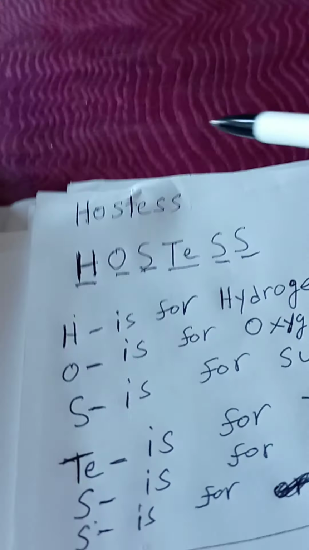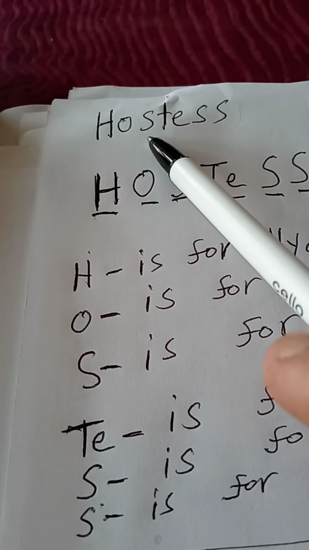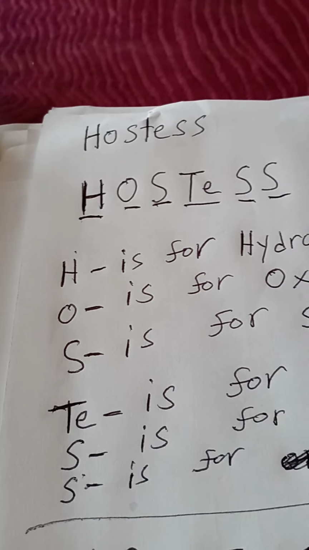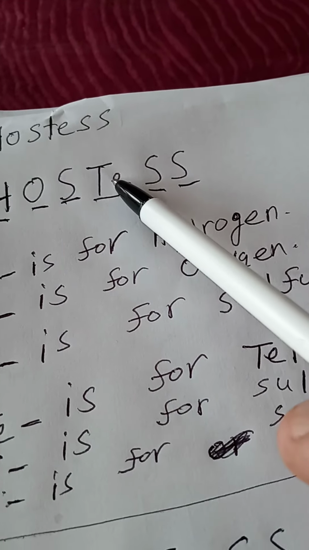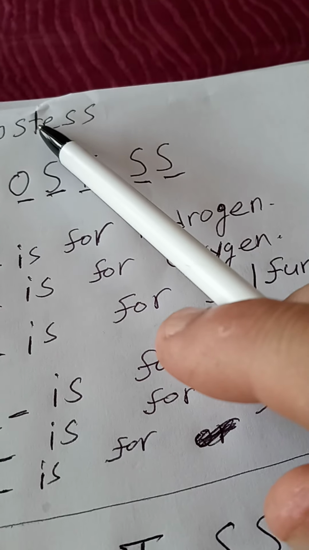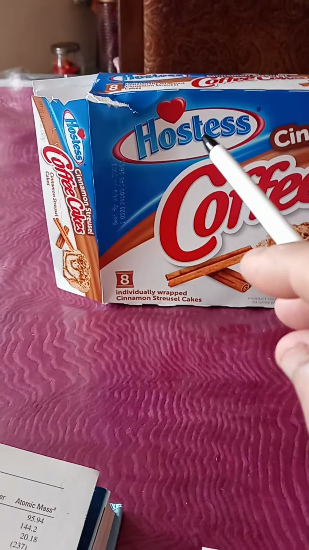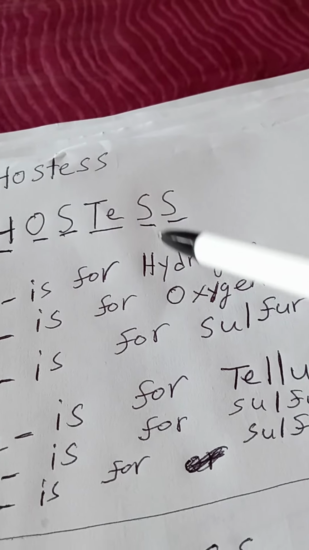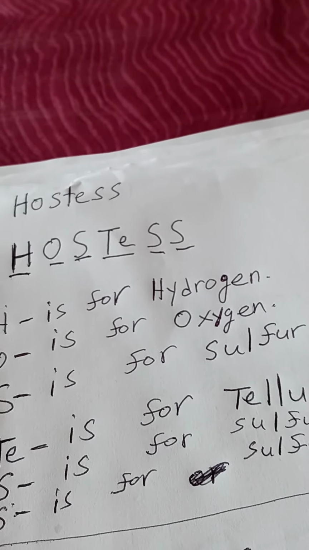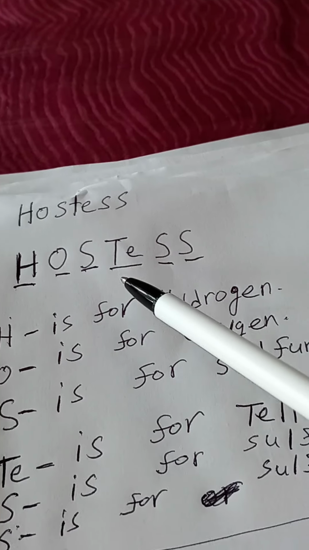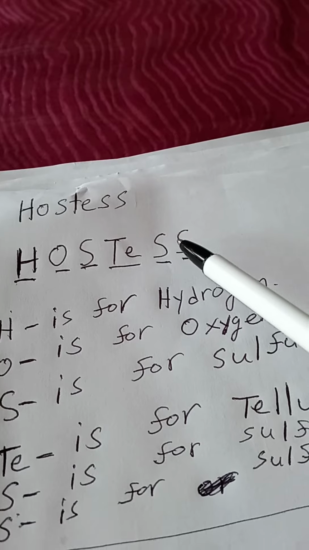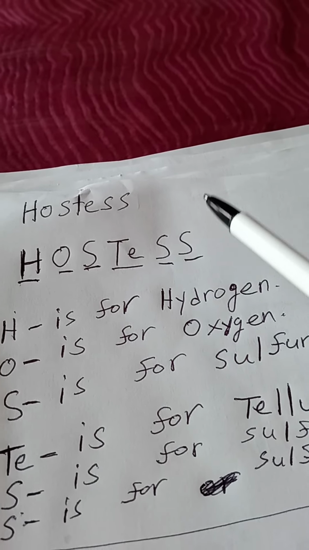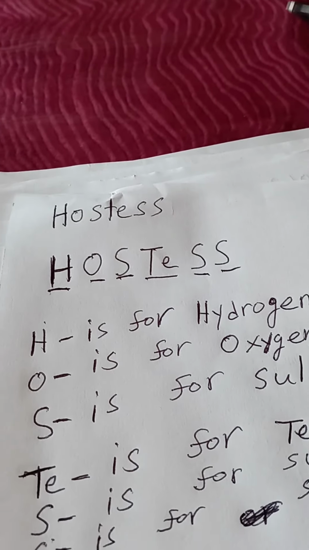Okay? So here it is. Hostess. There are three ways to write this, but the capital T and the small e, and the double S, stay the same in all cases. So if you can remember this capital T and the small e and the capital S and another capital S, you're in good hands there.